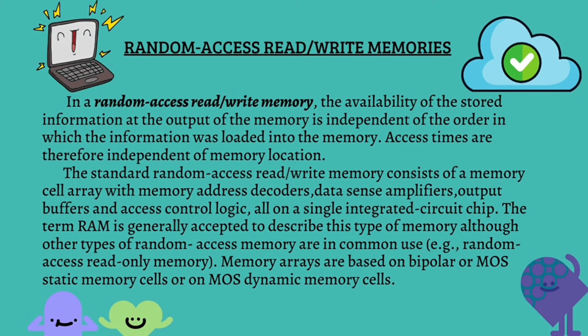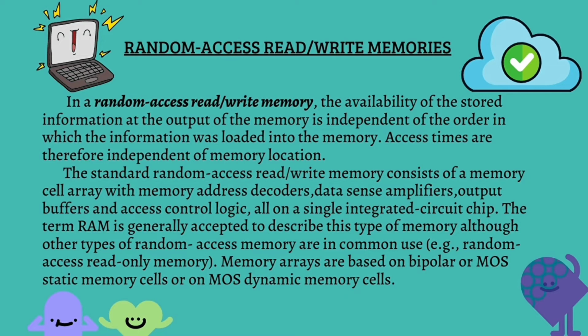Random access read-write memories. In a random access read-write memory, the availability of the stored information at the output of the memory is independent of the order in which the information was loaded into the memory. Access times are therefore independent of memory location.